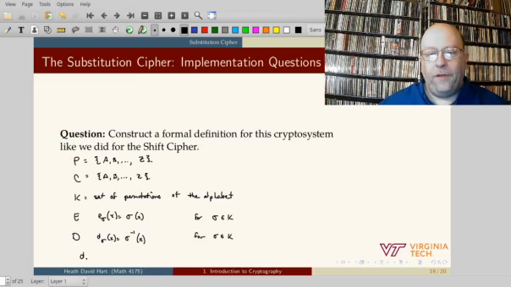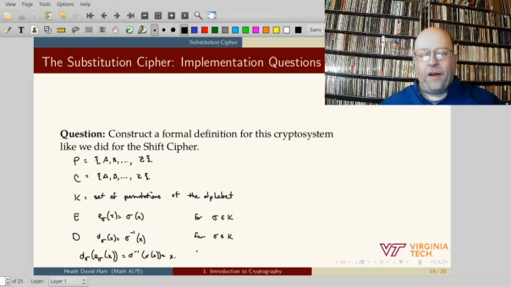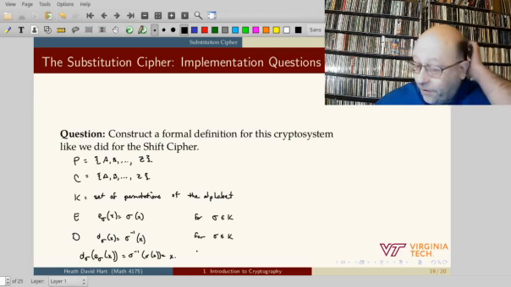The decrypted version of the encrypted version of the letter using the same key both times is sigma inverse of sigma of X, which is equal to X. So that is a formal definition for the crypto system. We have identified all 5 parts of the crypto system and verified that decryption and encryption cancel each other out.